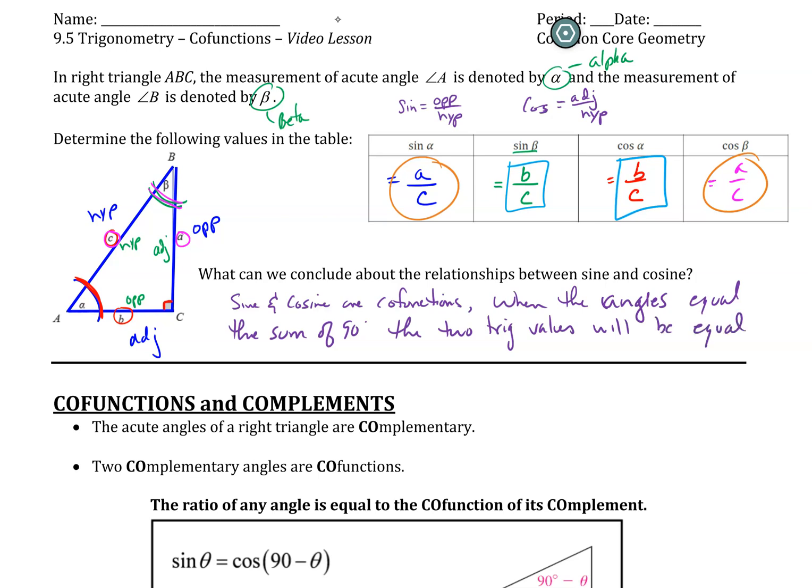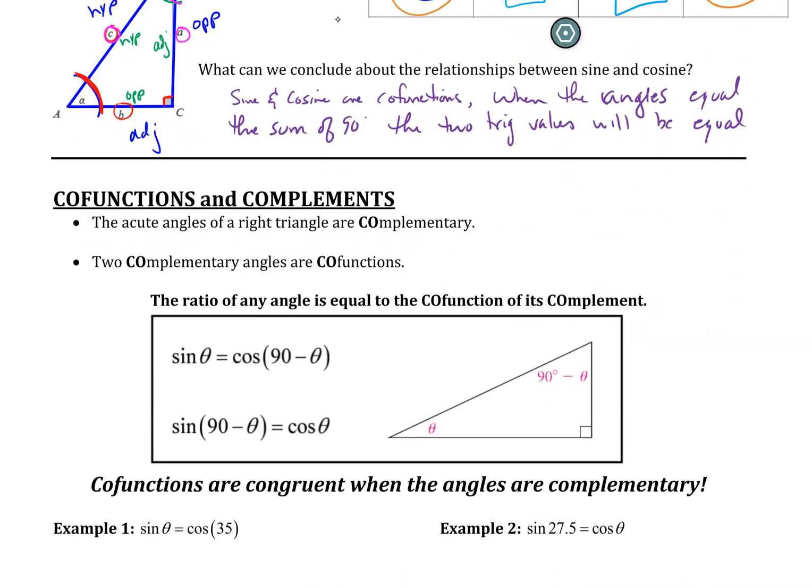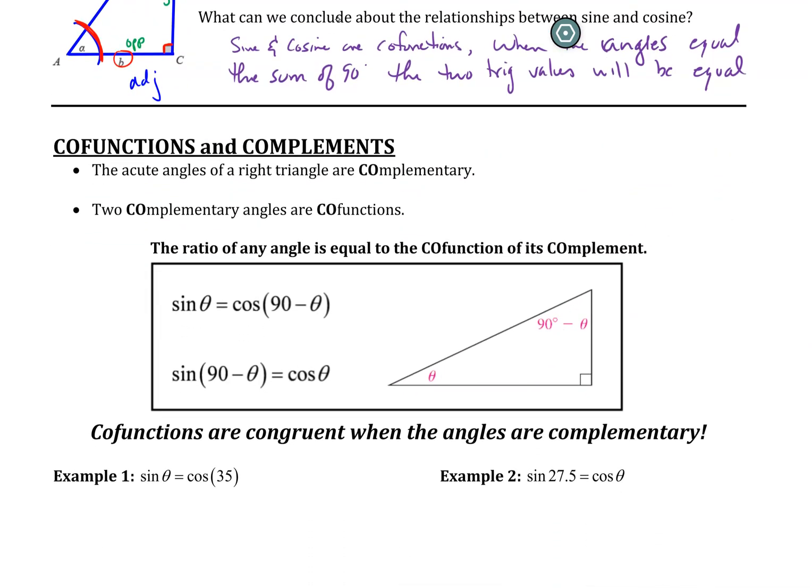So what does all of that mean? Let's look at the picture down below. The thing that you need to remember is cofunctions and their complements. What's a complement? Again, the other number that adds to 90 degrees.